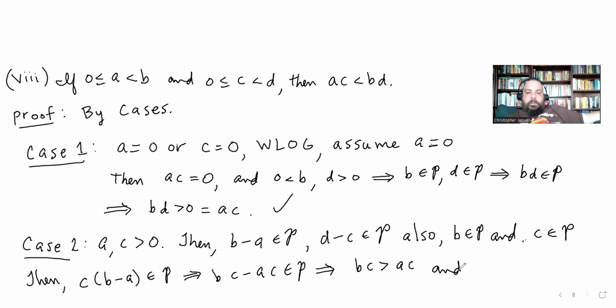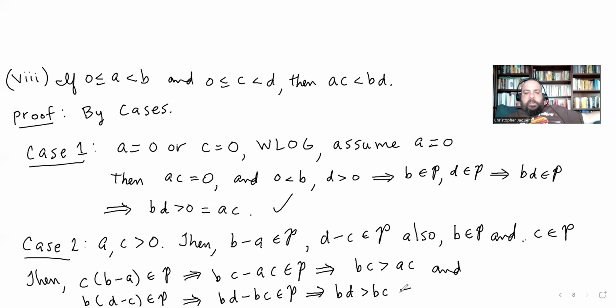And B times D minus C is positive, which implies BD minus BC positive, which implies that BD is greater than BC.